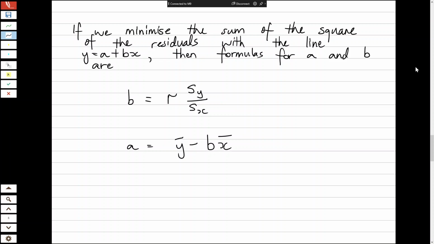So my claim is, and I know I haven't proved or justified this, that if I minimize the sum of the square of the residuals, then there is one and only one choice I can make for A and B, and it's that. And so when you use your calculator most of the time to fit a straight line to your data, that's actually what it does.